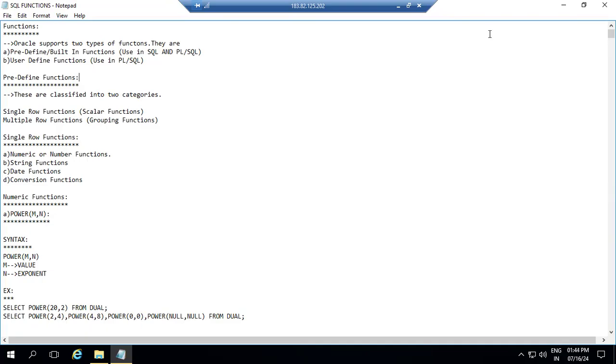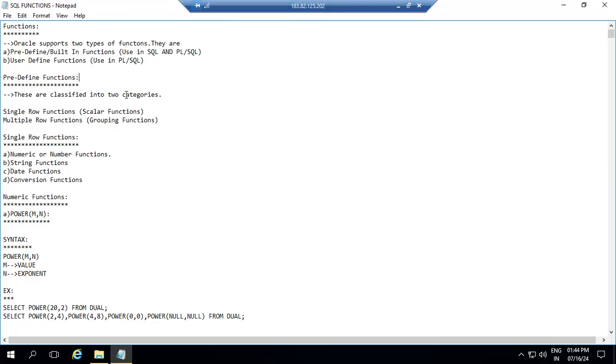What do we mean by built-in function? Functions that are already built into the Oracle database are called built-in functions, or predefined functions. Oracle supports two types of functions here.